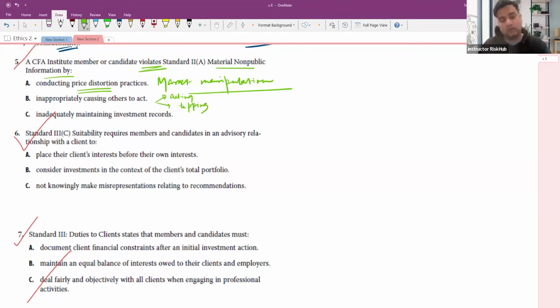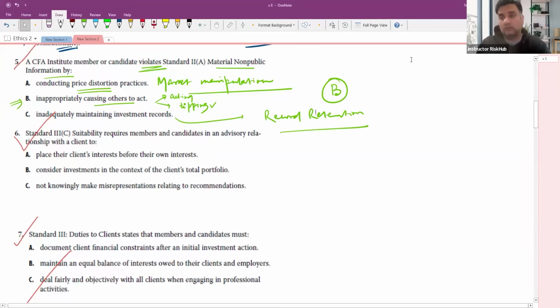Both are kind of wrong. So this is tipping others to act, so this falls under here. We'll keep it. Inadequately maintaining investment records. Again, this comes under record retention, right? So see how tricky it is. All three are wrong, but we are looking at what falls under material nonpublic information, which is tipping, right? So this is very tricky.